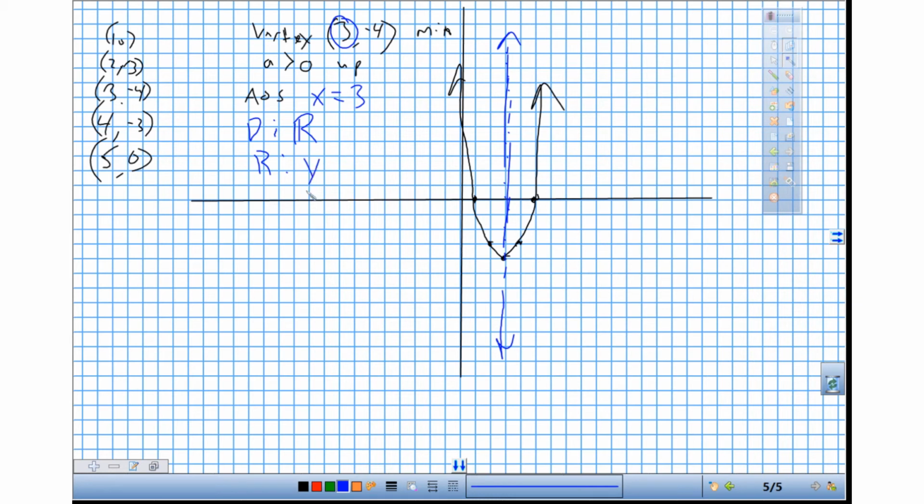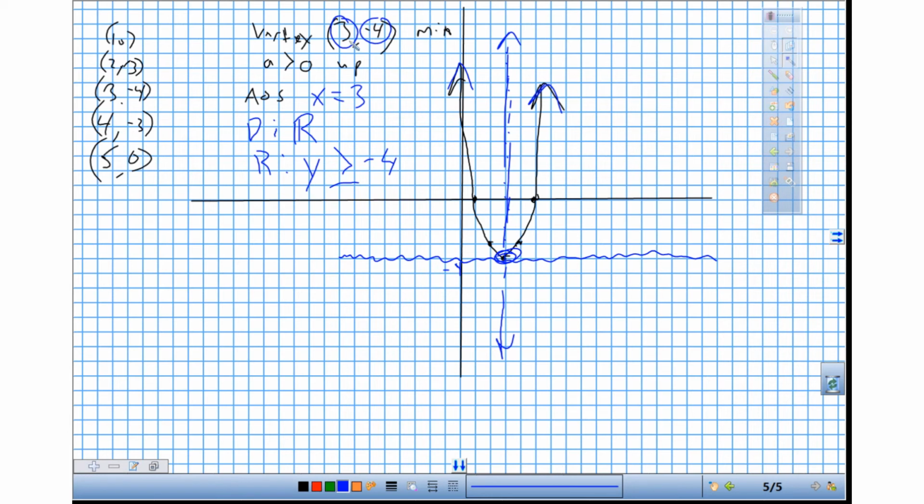If you look, my graph doesn't go below this little squiggly line. That tells me that it can only go down to -4. But because of these arrows, it can go as far up as it wants. So y is going to be greater than or equal to my vertex value down here, which is -4, because that's the y value of my vertex.